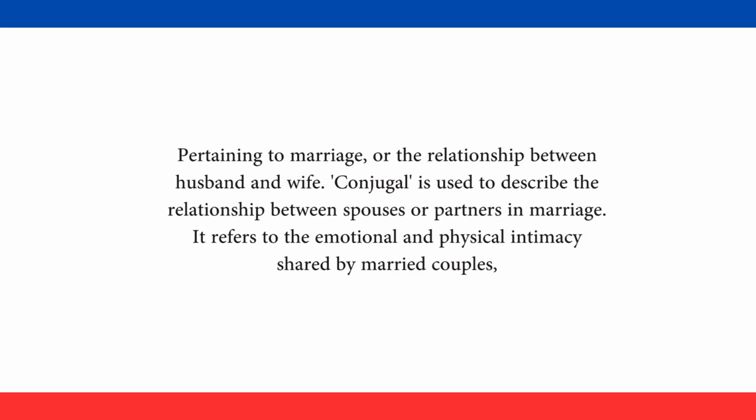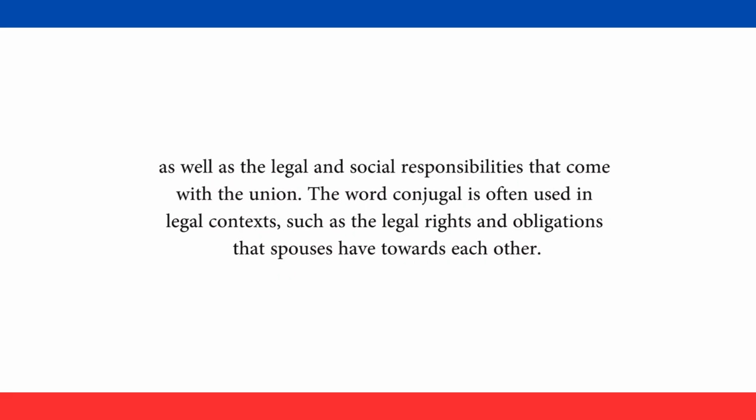Conjugal is used to describe the relationship between spouses or partners in marriage. It refers to the emotional and physical intimacy shared by married couples, as well as the legal and social responsibilities that come with the union. The word conjugal is often used in legal contexts, such as the legal rights and obligations that spouses have towards each other.